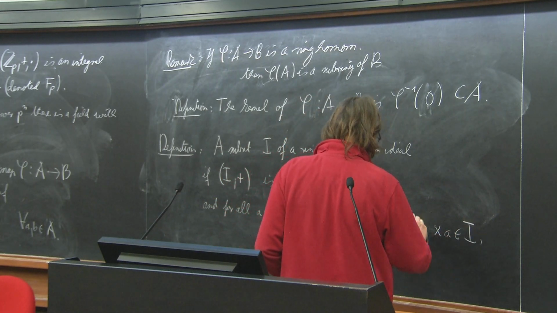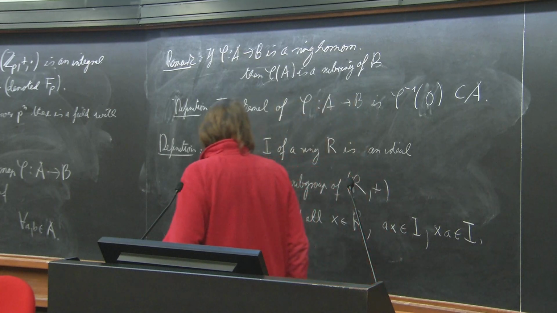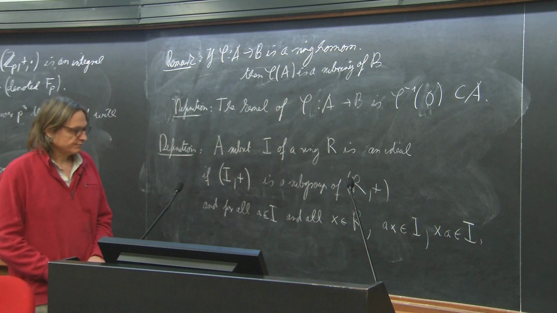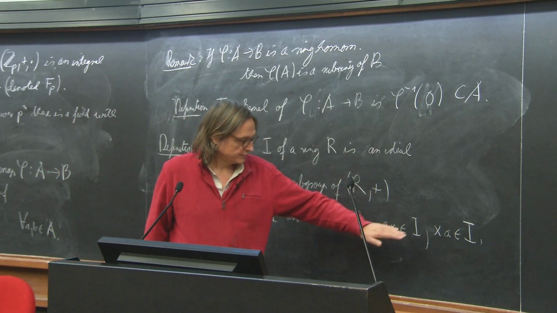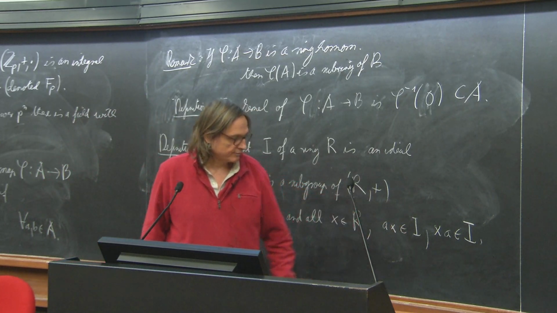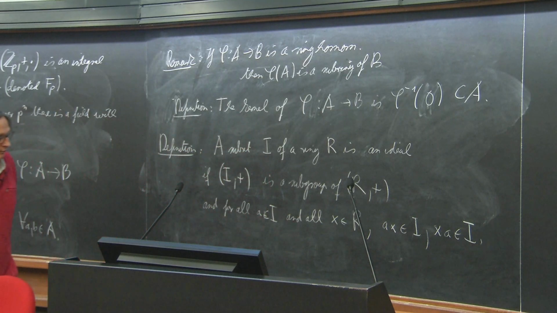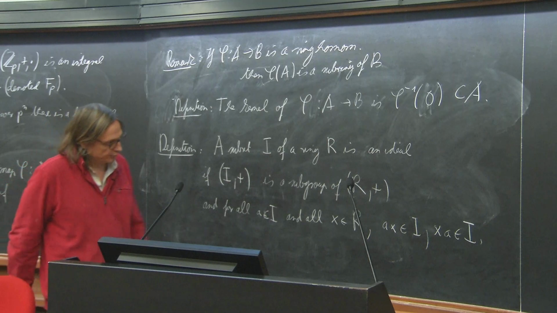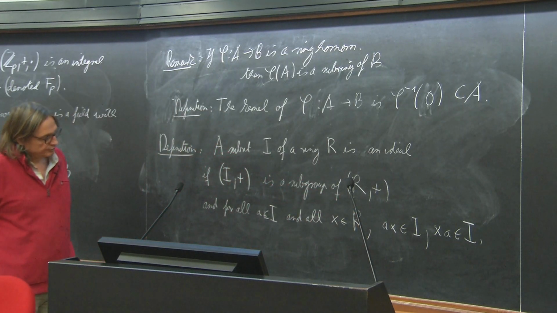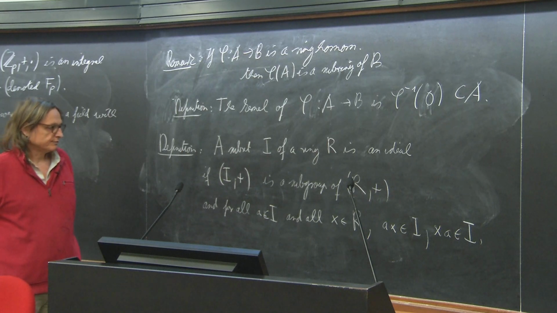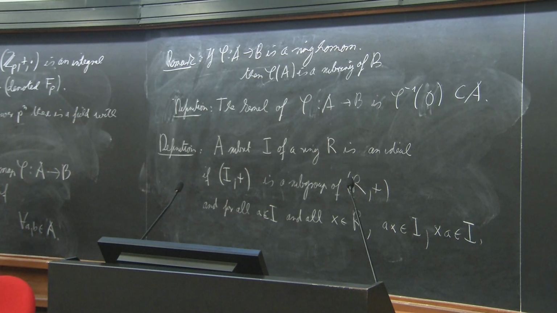Sometimes, for non-commutative rings, one uses only one of these two conditions and calls them left ideals or right ideals, but I'm not interested in those. I'm only interested in the case that both of these hold, which is called a two-sided ideal. Very soon I will assume that the ring is commutative, so that there's no difference.